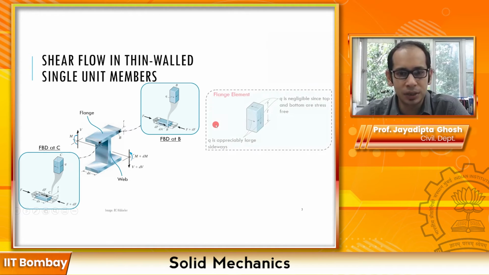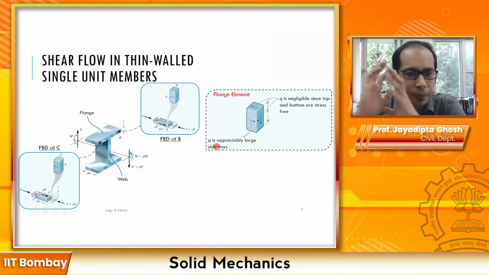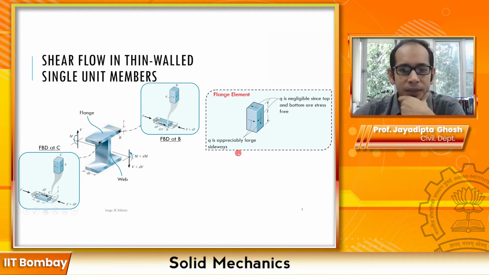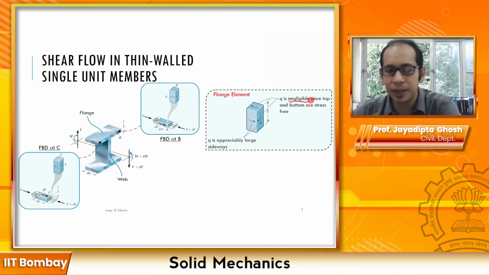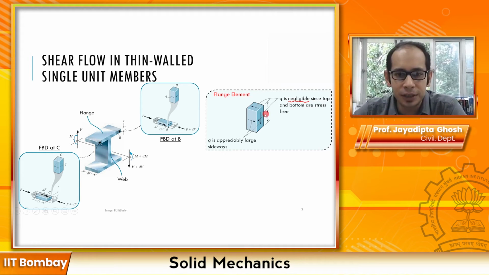So what does this lead to? It leads to some very important conclusions. First one is that, as we said, the top surface is free of any forces. So if this is negligible, you see this is negligible over here, that means the complementary vertical shear is also negligible, because shear is complementary.